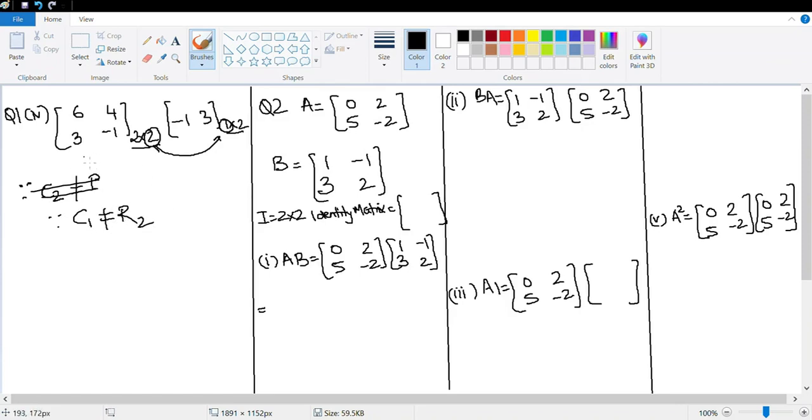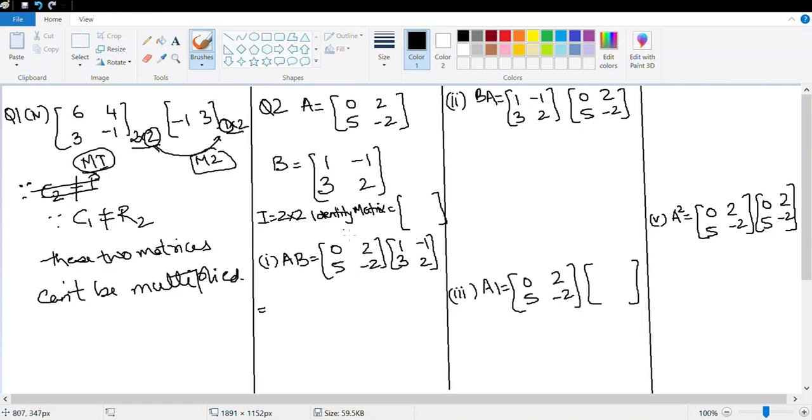This is my matrix 1 and this is my matrix 2. Since column 1 is not equal to row 2, these two matrices can't be multiplied.